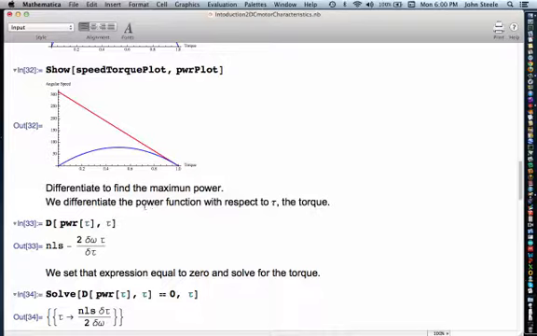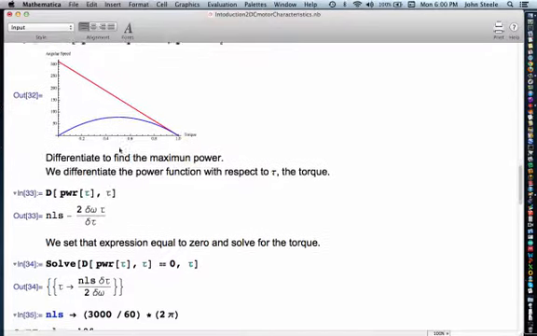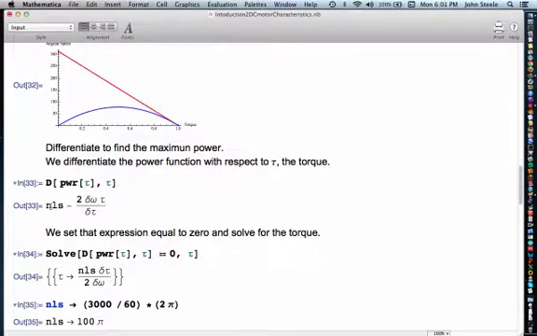Okay, so in Mathematica we can differentiate this power function, and the idea here is that if we differentiate the power, then we can find this maximum power point. Well, this is the expression, no load speed minus 2 delta omega tau over delta tau.